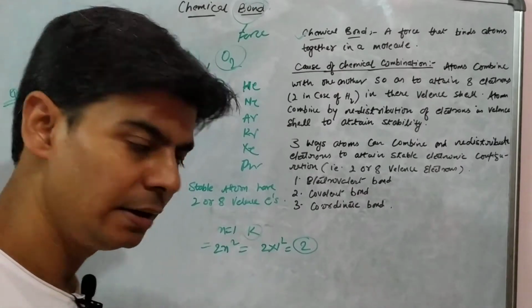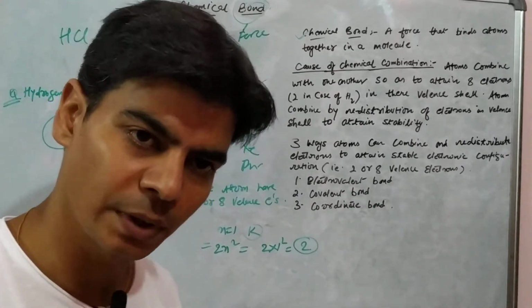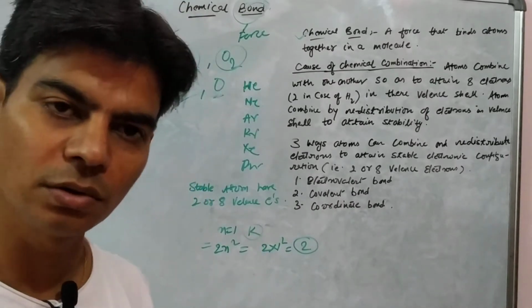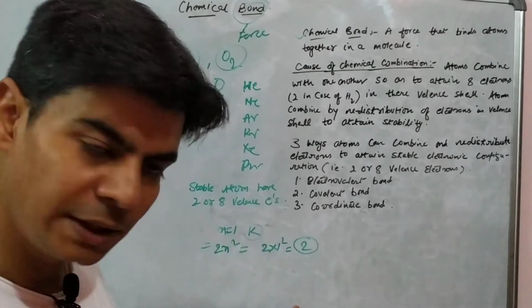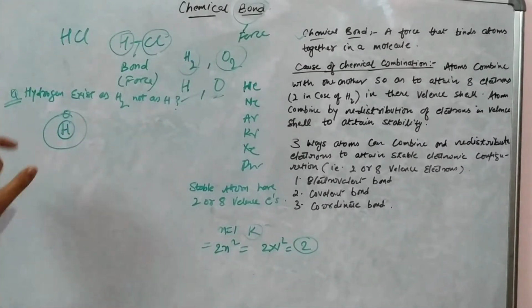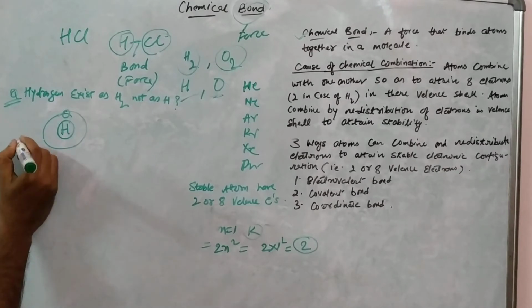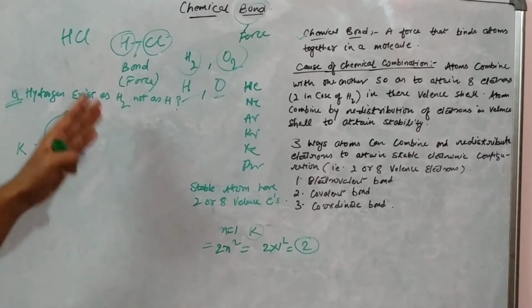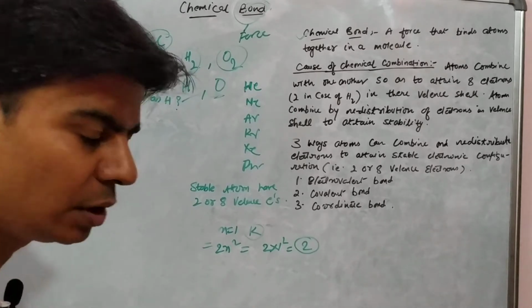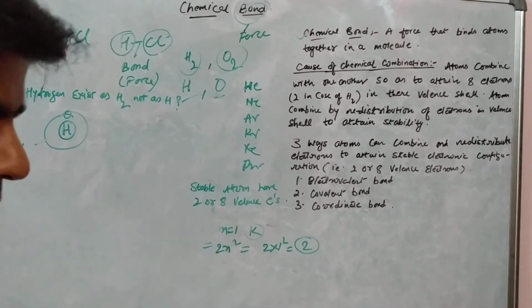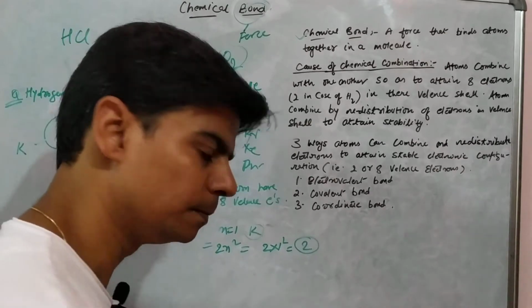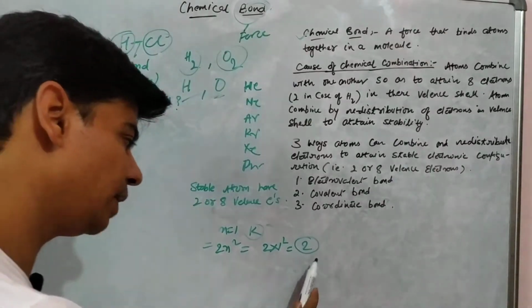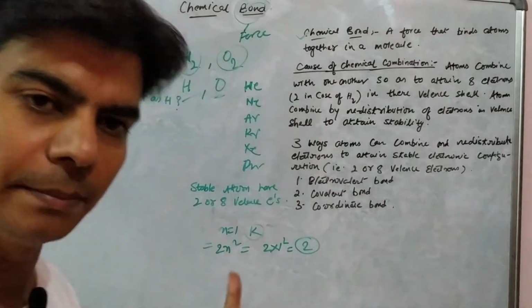Since hydrogen has only one shell, which is a K shell, and the maximum electrons this shell can attain is 2, after it attains 2 electrons it will become stable.